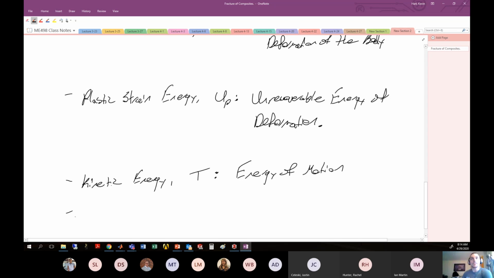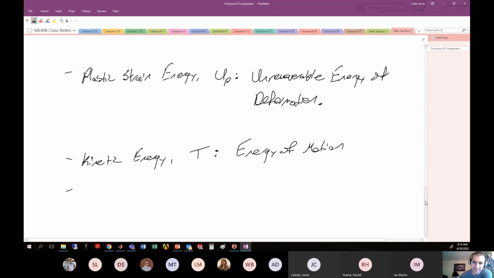Finally, the one that's important to us is the dissipative fracture energy, given by the variable capital D. This is the energy associated with creating a free surface, or fracture.